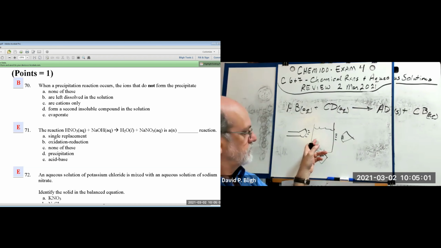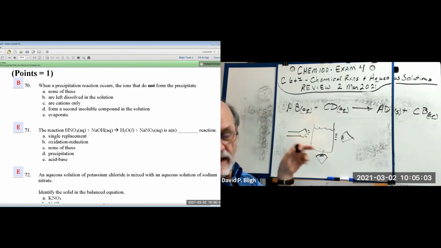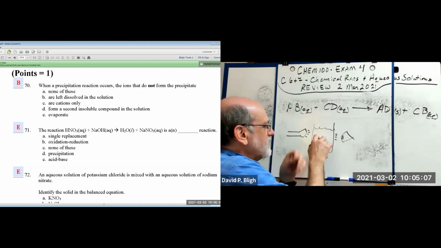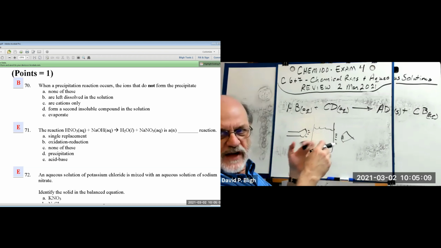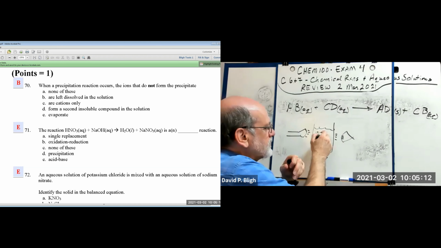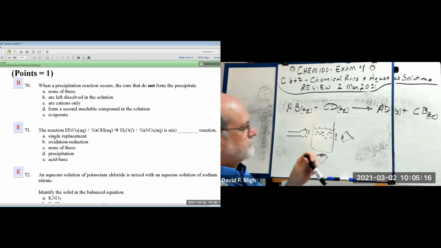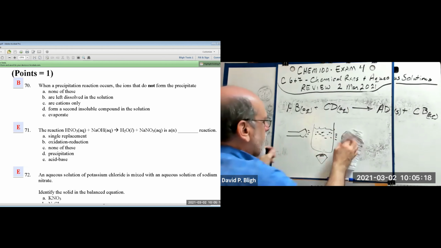That's a solution. That's the non-Tyndall effect. The Tyndall effect would be if you have a suspension that still has some solid suspended in the water, you'll be able to see that light beam here. Okay.